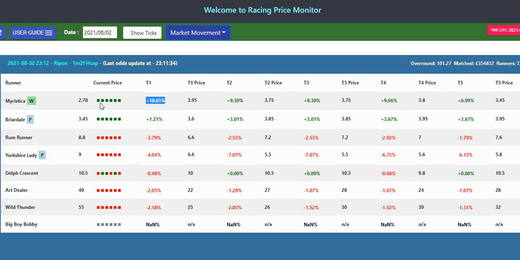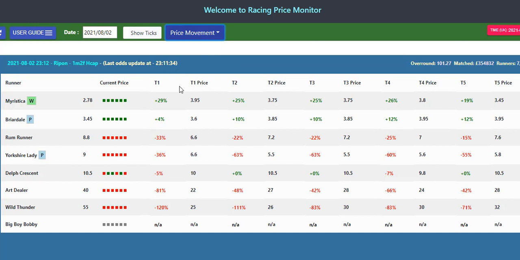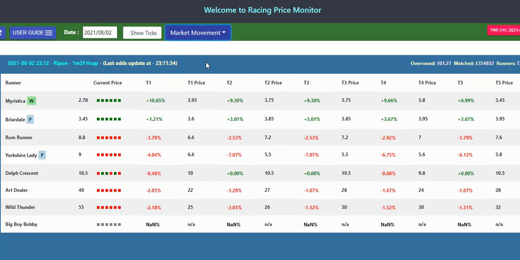So our horse here has come from 3.95 into 2.78, so that's a 10.65 percentage movement in the market. We also have price movement, and you can see there it's giving the movement at 29%. That's just the price from 395 down to 278, but we're interested in market movement.